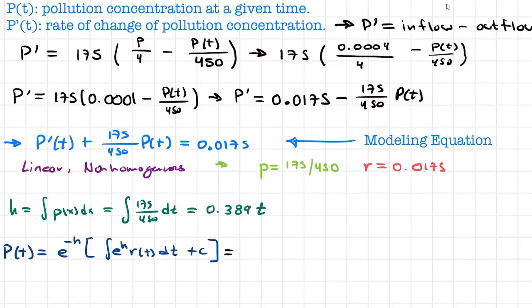So if we plug it in, this is e to the negative 0.389t times the integral of e to the positive 0.389t times r(t), which in this case is 0.0175, plus c.